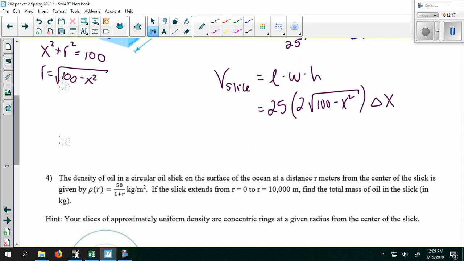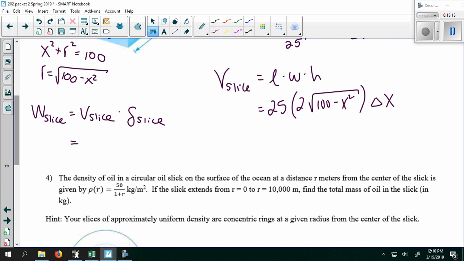So the weight of my slice is the volume of the slice times the density of the slice. Volume in cubic feet, density in pounds per cubic feet. So the volume I've got, and then the density was given by a formula that was given.